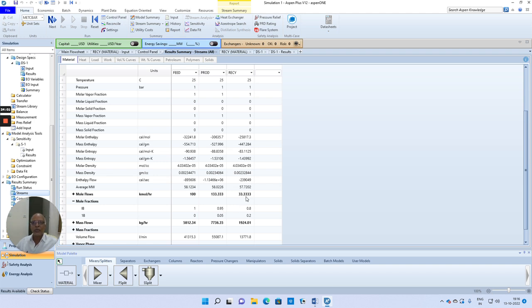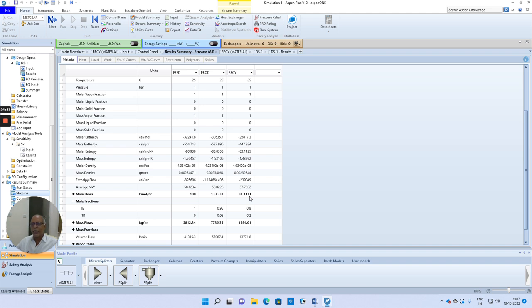So the design specification, if you are able to successfully come to a convergent solution, will be rewriting whatever values you have started with by the convergent solution, so that these values are available subsequently in other models. This is not possible in sensitivity unless you raise the recycle flow rate from 50 to 33.33. Now, without our intervention, the design spec was able to do this automatically, right?